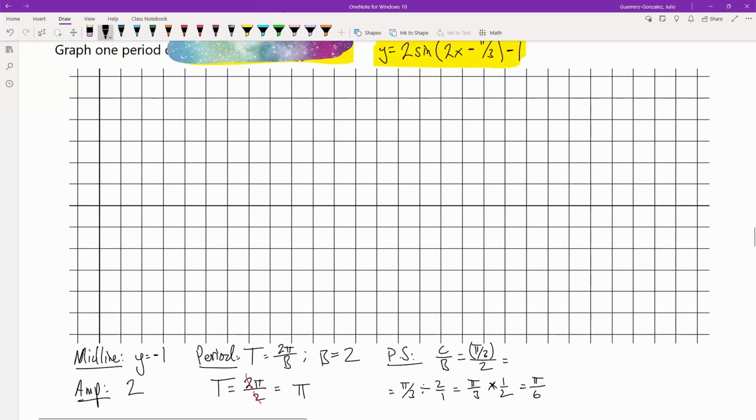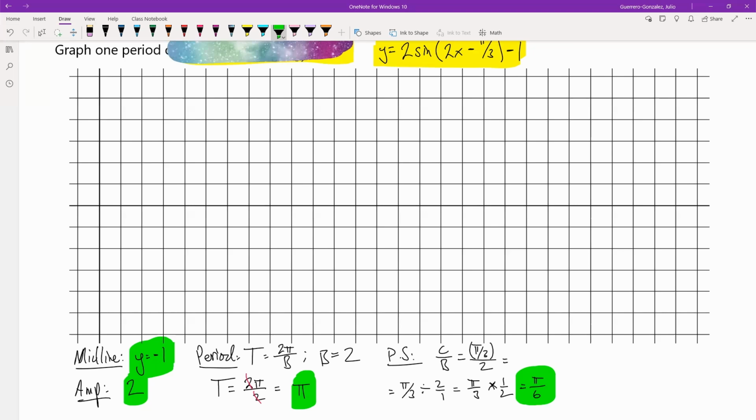Let me put that, okay. I'm going to start highlighting the important bits so we don't lose track of what we've done already. Okay. So we know that our phase shift is pi over 6. It's going to be in the positive direction.